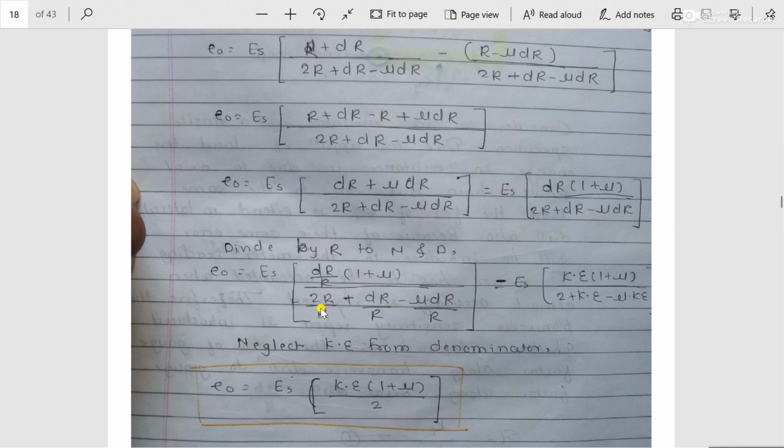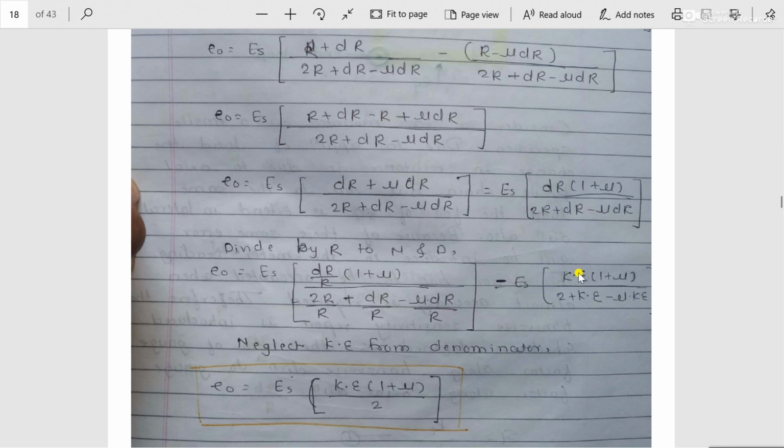At the denominator this R gets cancelled, only 2 is remaining. Here delta R upon R, k into epsilon, I have written as it is, this minus sign as it is, this mu is also written as it is.